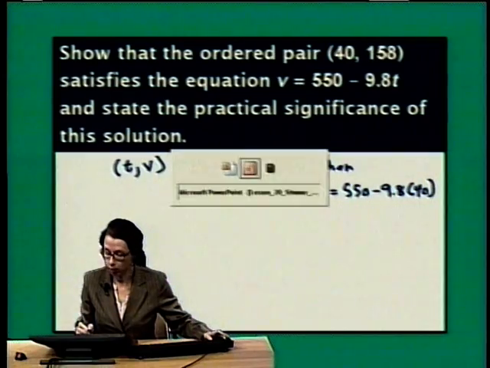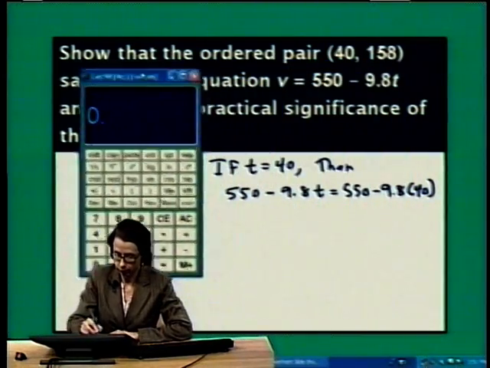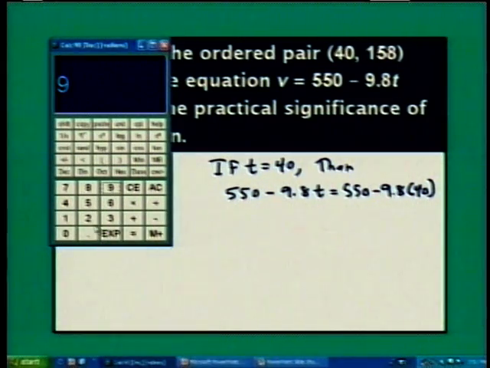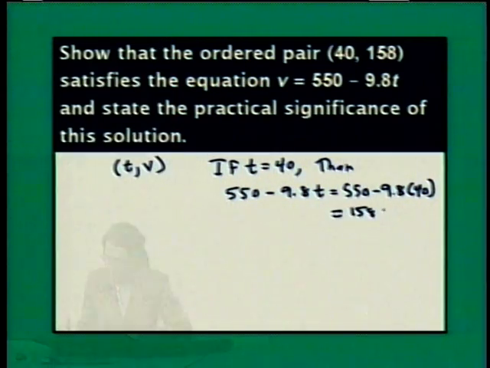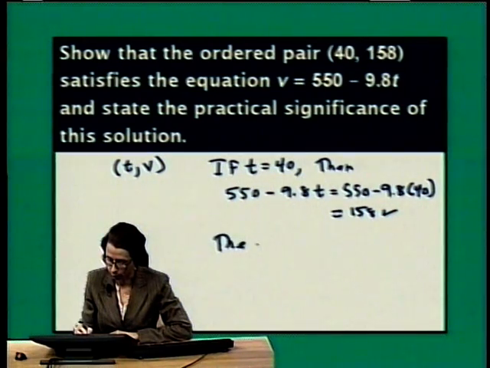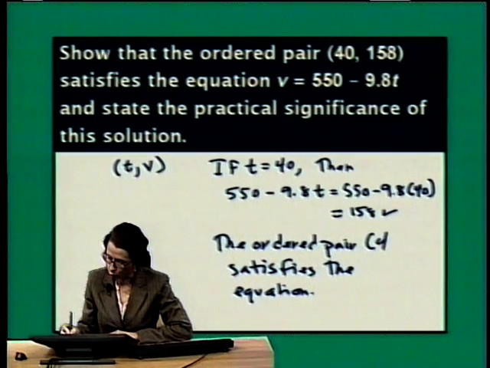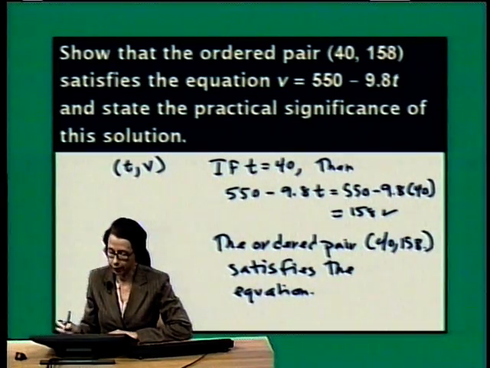And I'm going to pull out my calculator. 550 minus 9.8 times 40, that is indeed 158. So the ordered pair satisfies the equation. And it's the ordered pair 40, 158.